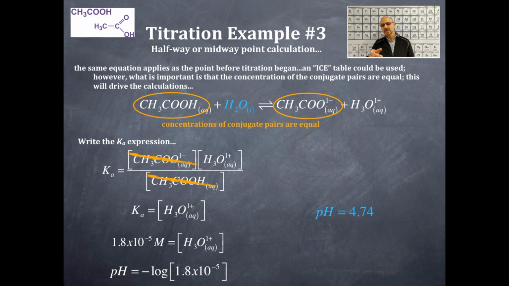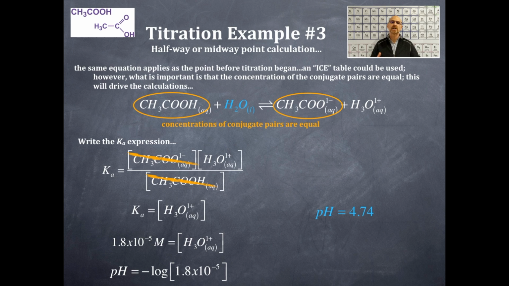Now, you should ask yourself, does this value of 4.74 make sense? Remember the graphic that we drew out initially on part A of this particular problem. Okay, that was in the buffer region. This is right in the middle of the buffer region of acetic acid and acetate ion. This is when the concentration of the conjugate pairs are equivalent. And of course, we've only added a little bit of the base.